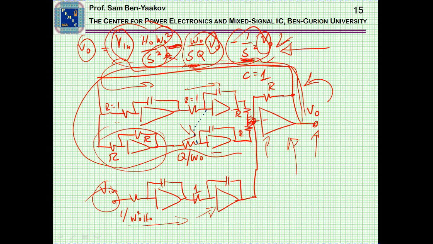This amplifier is actually doing the summation of this term and this term, and it goes into the amplifier and goes out. This is sort of a feedback circuit that keeps itself alive, and the driving force is, of course, the V in. The transfer function between V in and V out is the transfer function that we actually wanted to realize with this particular approach.